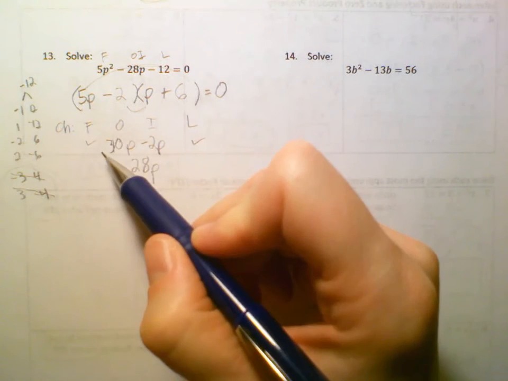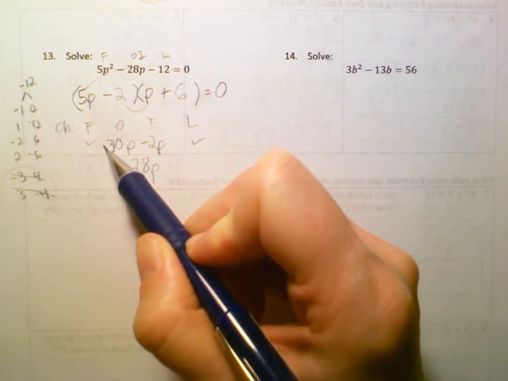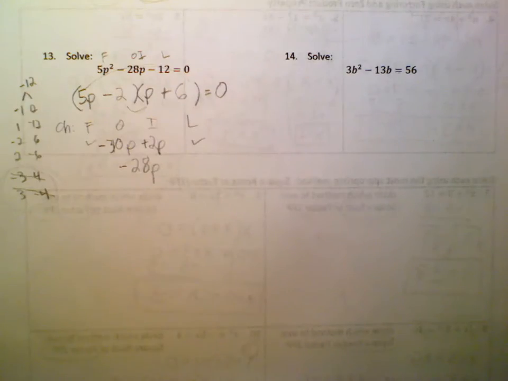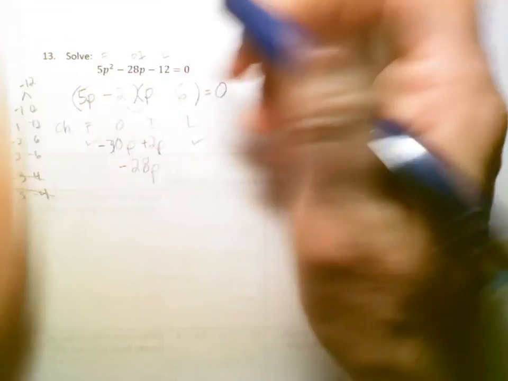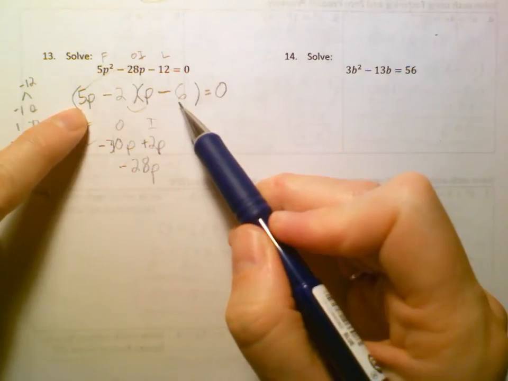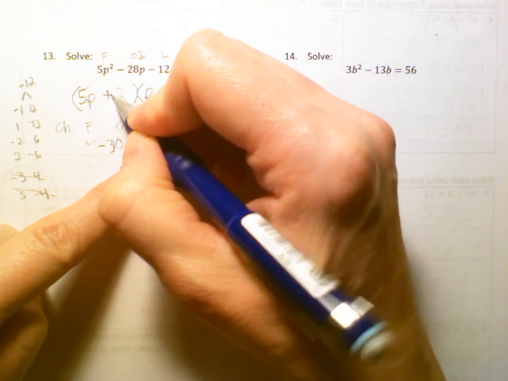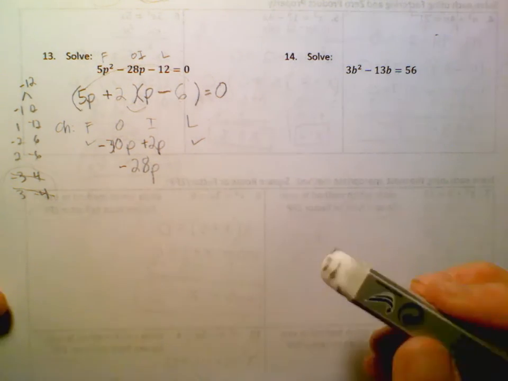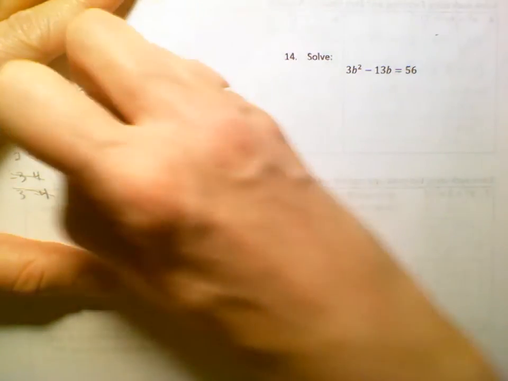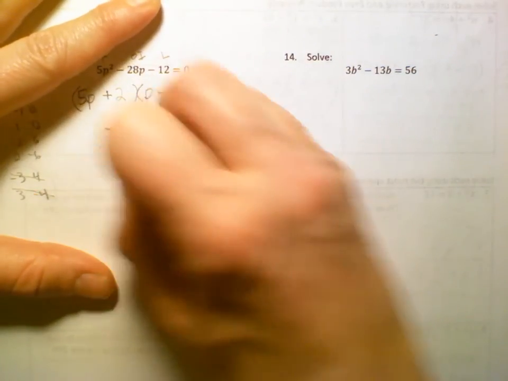So let's just work our way backwards through it. To get a minus here, I would need a minus here and a positive here, right? To get a minus 30p, I would need this to be a minus 6. And to get a plus 2p, I would need this to be a positive 2. Okay, now it's factored. Now again, this I do on scratch paper, or I just do it in my head, kind of trial and error procedure.